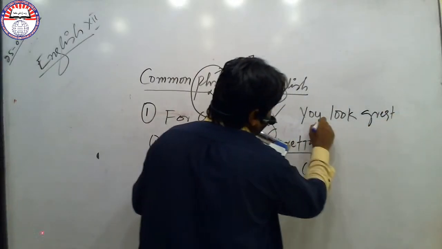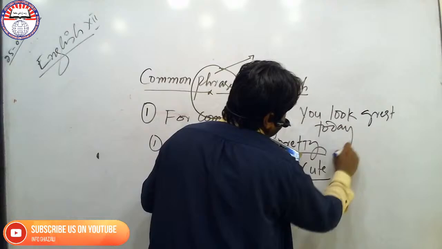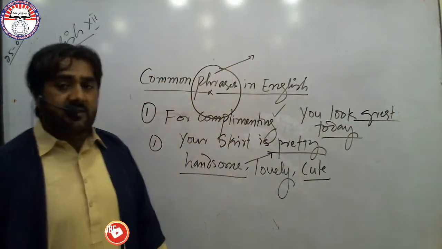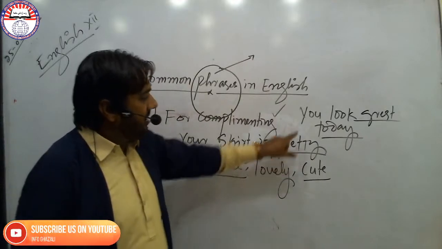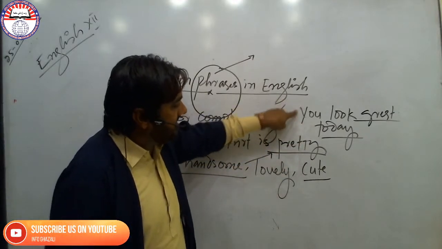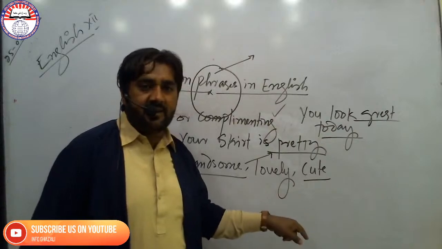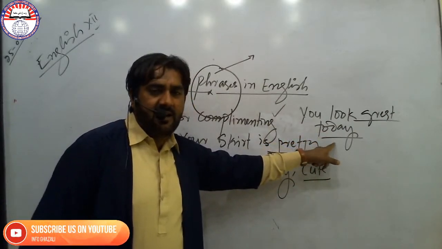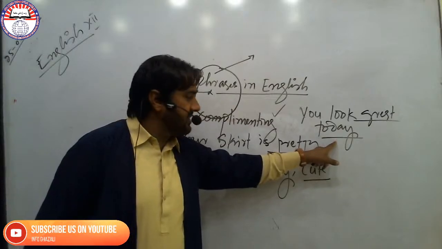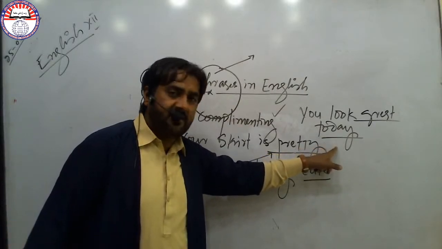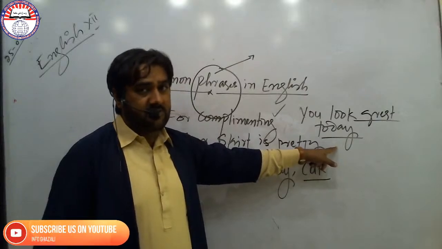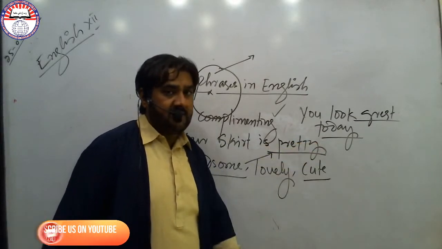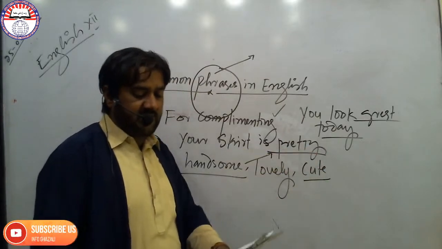Okay, let me write here. As you can see, great is a word that you have used here. You look great today. Are you able to understand the meaning of this entire phrase? How it is generated, how it is created? I hope that you are able, because you are in intermediate and you must know the meaning of this phrase in English, sorry, in Sindhi.